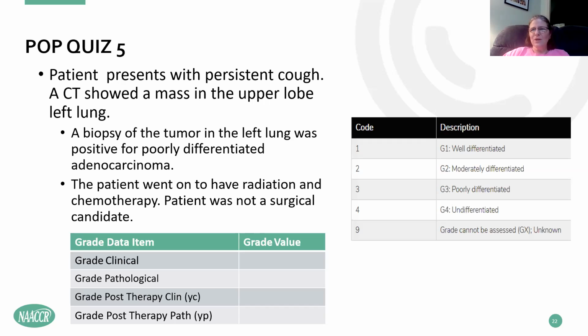Now, obviously, we are in the lung schema, and you will see that the grades are defined by the historical definitions that have been used, which are the nuclear grades. So lung is a schema that continues to use the nuclear grade terminology for grade. So we have a poorly differentiated. So our grade would be 3 based on that, and our grade pathological would be 9.